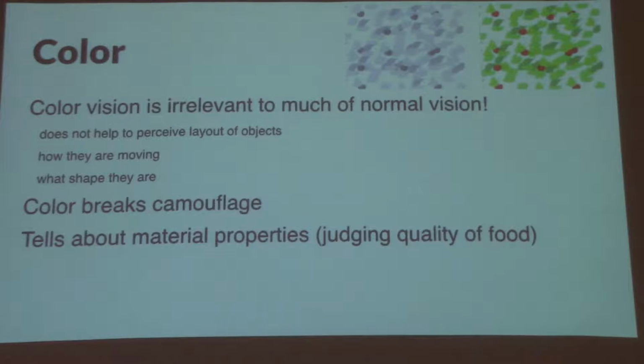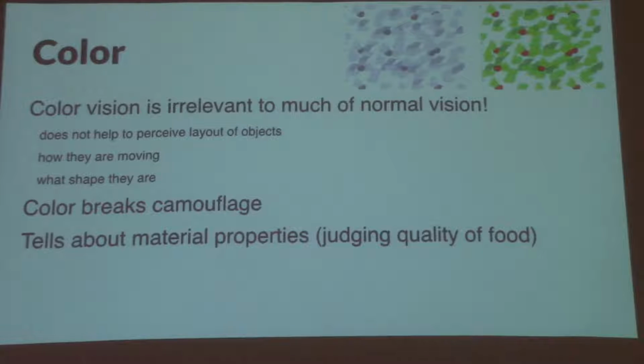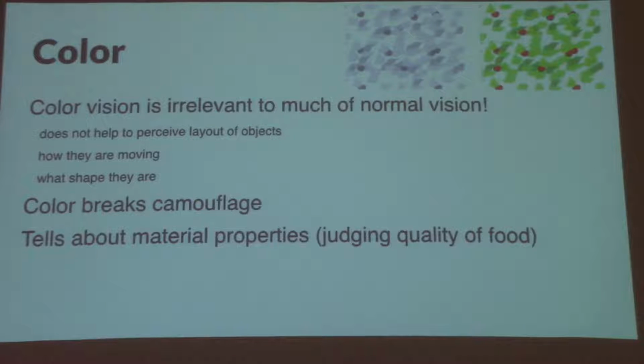And interestingly, color vision is not super important for our daily vision. We would be fine to survive if we didn't see color at all. It doesn't help us to perceive the layout of objects, or to understand how things are moving. We can also understand the shapes that they are, and so on.